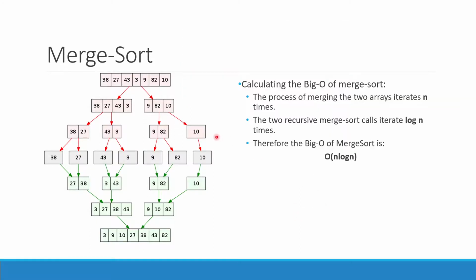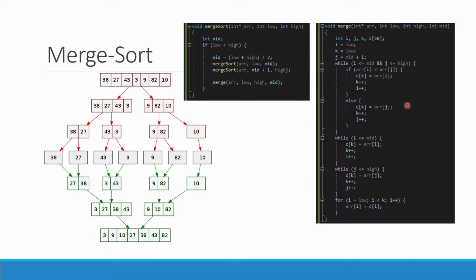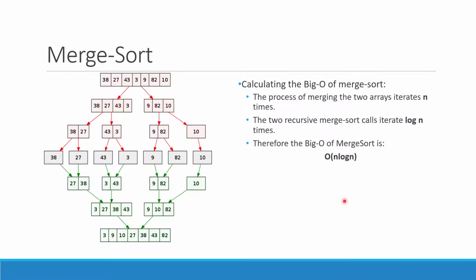If you wanted to calculate the big O of merge sorts, you only need to keep two things in mind. One, the process of merging the two arrays iterates n times. This n is being performed by the merge function here. And then the two recursive merge sort calls iterate log n times.